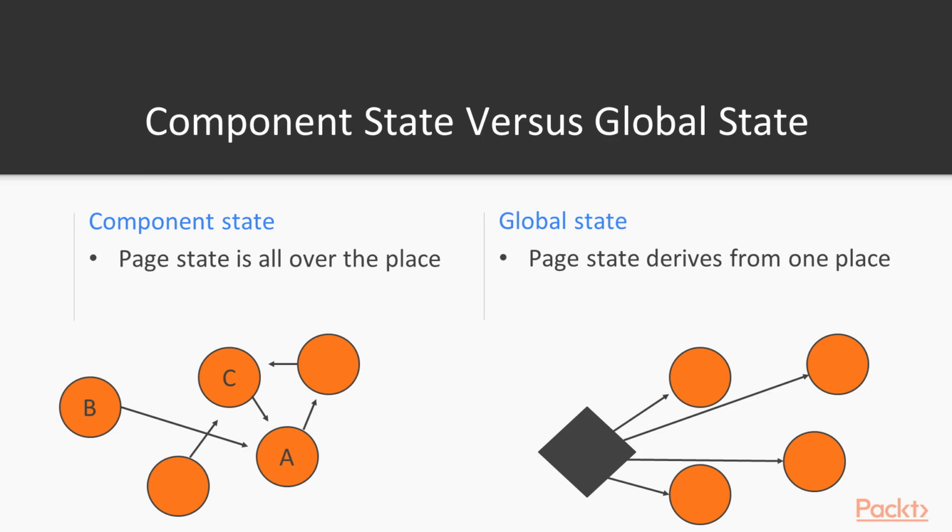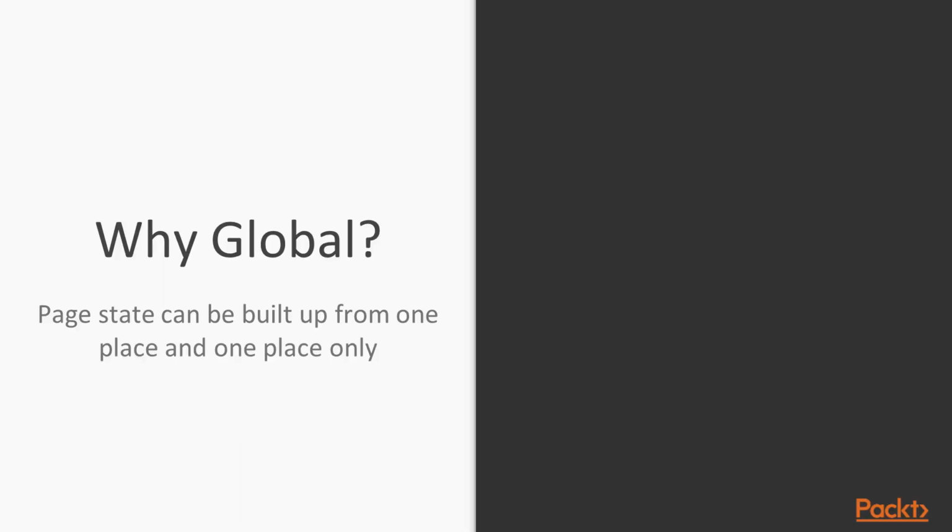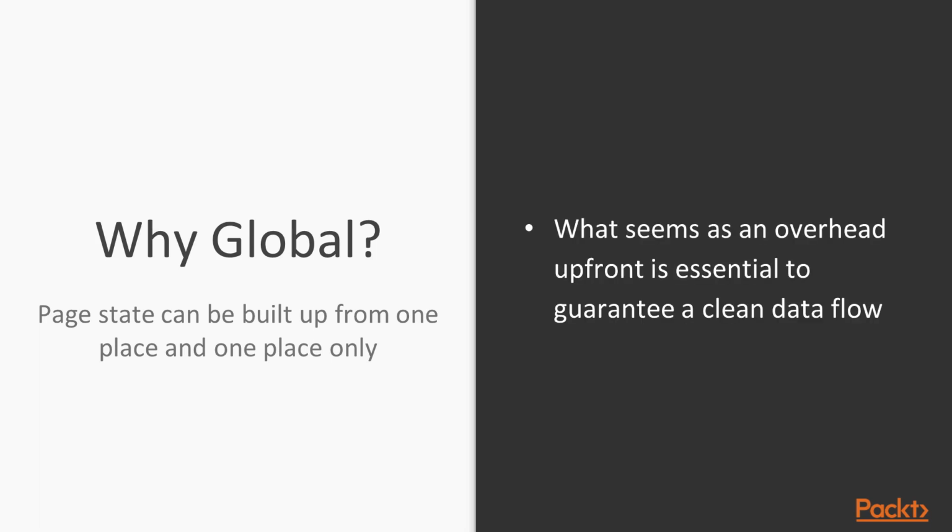They don't care for the state of the other components, they just care for one place where the state is coming from. So why global? The easiest way is to say your page state can be built up from one place and one place only. In general, I would say what seems like an overhead up front, structuring everything in different pieces, is very essential to guarantee that we have a clean data flow.